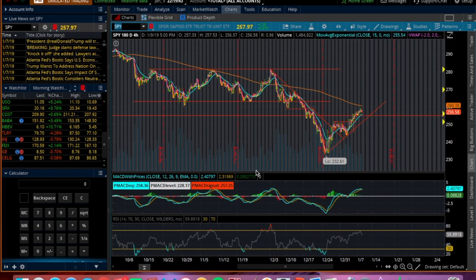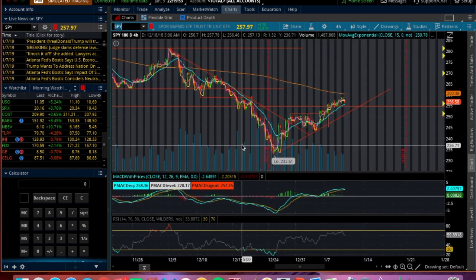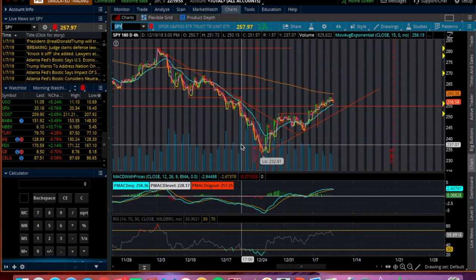Alright, now not all stocks have options, only those with enough interest and volume. Just the ones with the highest interest and the highest volume have the options contracts, and you're able to trade options on them. What's very important, of course, is for the volume to be high, because you want to be able to sell these contracts. What a lot of people don't understand is that when you're selling a contract, there has to be someone on the other end buying it.